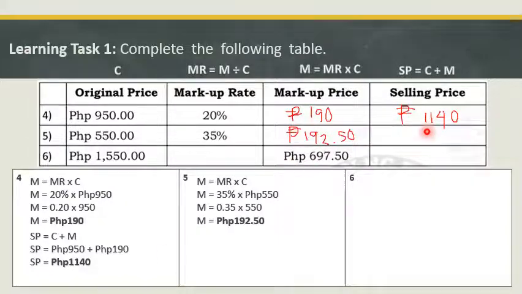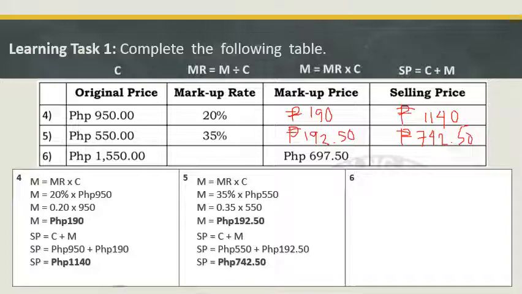Then, para makuha ang selling price, add nyo lang yung cost at saka yung markup. So, 550 plus 192 and 50 centavos, ang magiging total natin is 742 and 50 centavos.